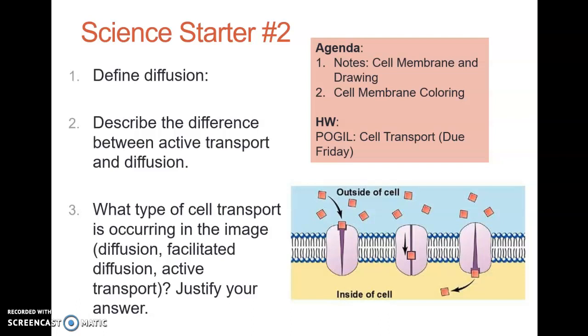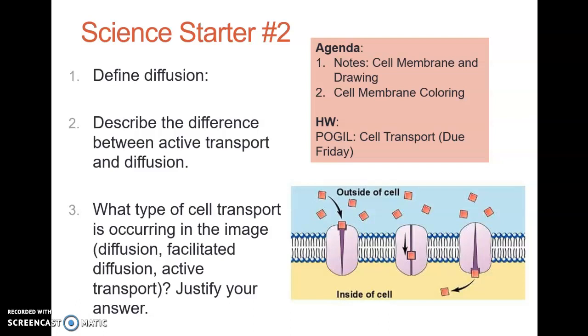So, science starters, I'm still going to have you do them when you come back from our social distancing. So please make sure you're doing them. Please go back and do science starter number 1 if you missed it yesterday. And for today, we'll do science starter number 2.